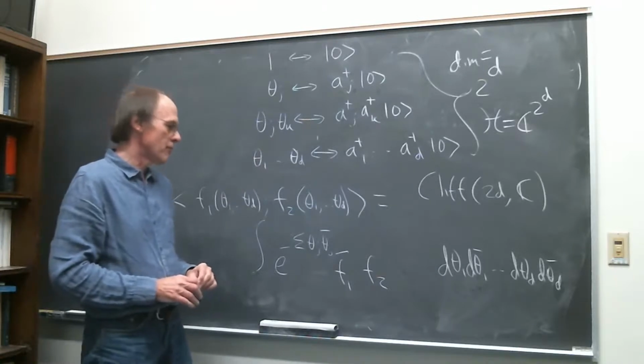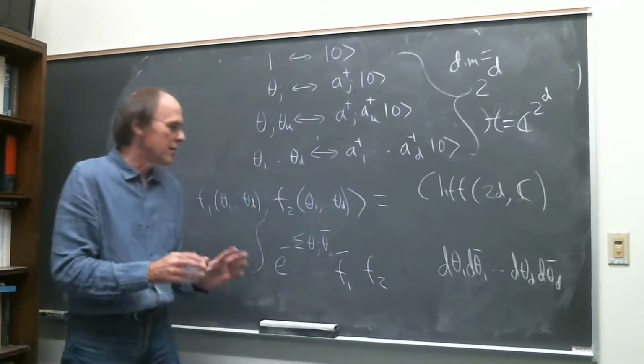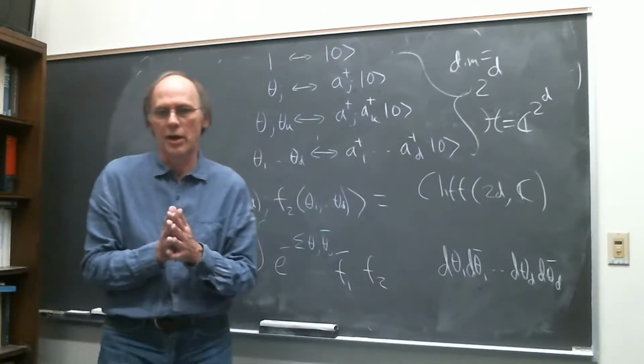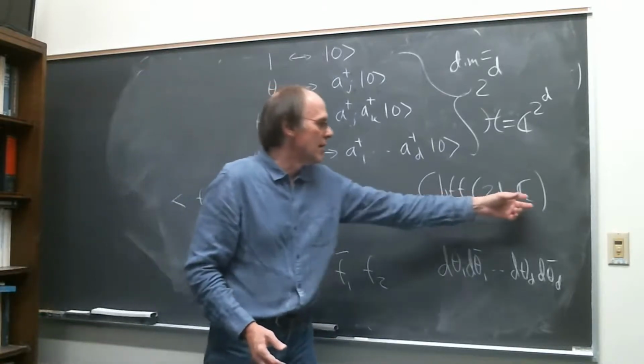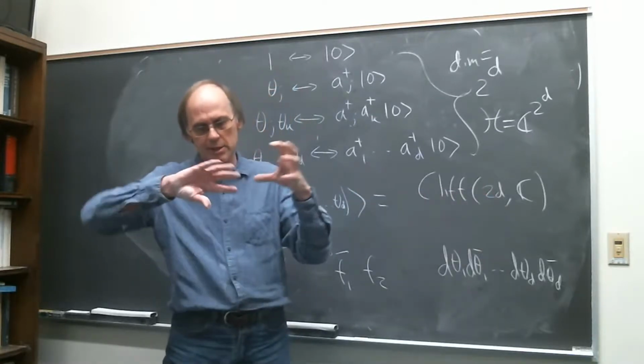But what this has done is it has actually shown that the fermionic oscillator construction that we started with is a construction of the spin representation for the Clifford algebra, or of the spin group.